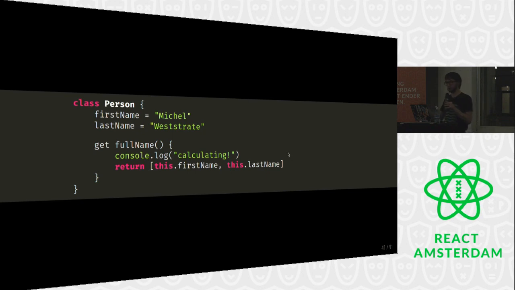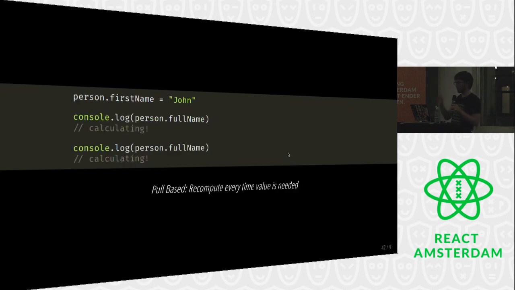So each time you evaluate this function, you'll get a fresh array. That's a bad thing. So if you change the first name and then you inspect the full name, it will say calculating, and if you inspect it another time, it will reevaluate, give you a new array, and tell you another time it is calculating.